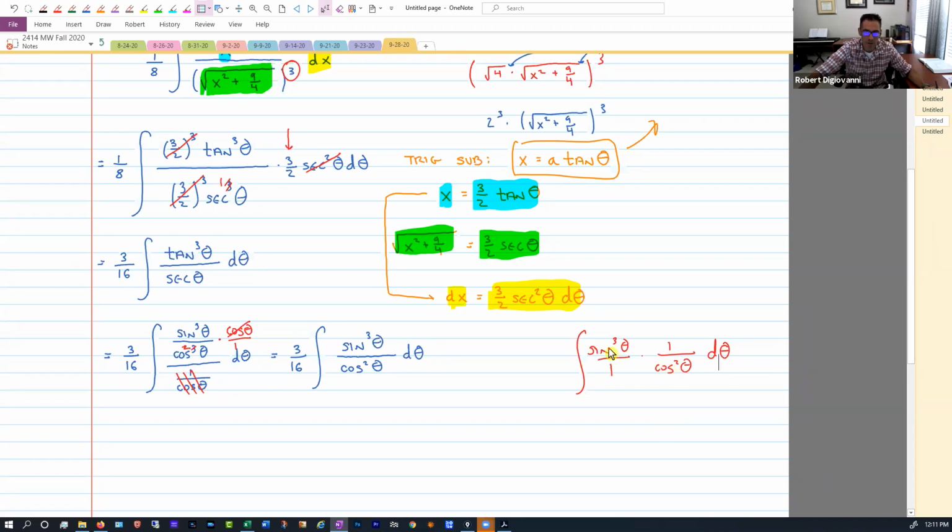You don't want your du to ever be down in the denominator, trapped under a root or even squared or cubed or anything like that. You always want your du to be something that you can peel off to the side. So I'm okay with what you did here, and I'm okay with you wanting to do a u substitution. I'm just not quite sure I agree with the u substitution.